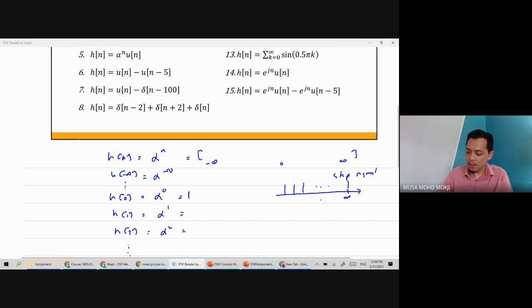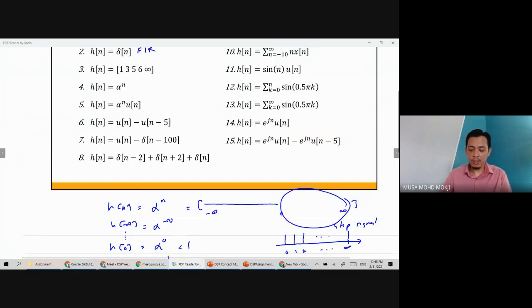That one is step signal 0, 1, 2. So what is the value before index 0 for the step signal? 0. So it means that you're not going to have this value, you will only have this one. So that's the difference between number 4 and 5.